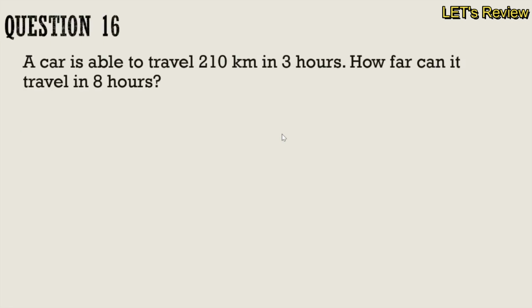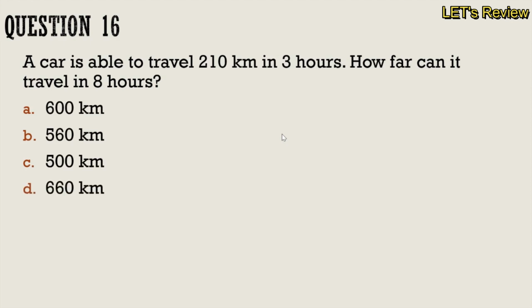Question 16. A car is able to travel 210 kilometers in 3 hours. How far can it travel in 8 hours? A. 600 kilometers. B. 560 kilometers. C. 500 kilometers. Or D. 660 kilometers.